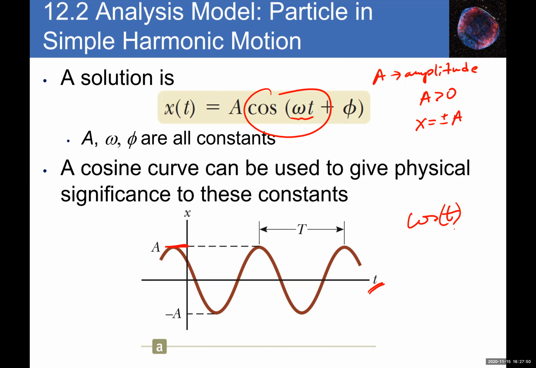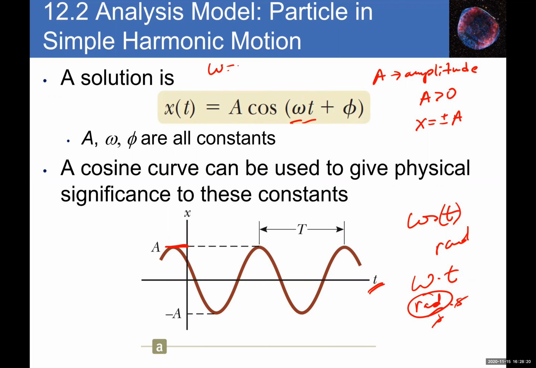You can't have that, right? The argument inside the cosine function has to be in radians. So what can I multiply the time with, so that the units are radians? Well, omega, because omega, remember, is in radians per second. So omega times time becomes radians per second times seconds. Seconds cancel out, and I have radians. That's why we do omega times time inside the argument.